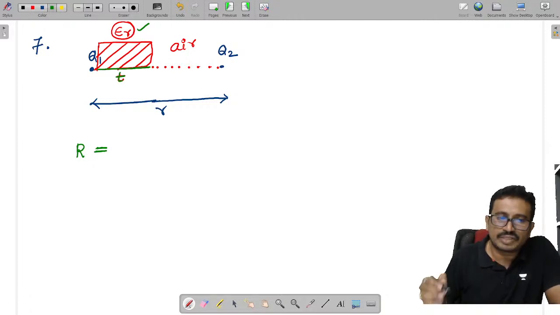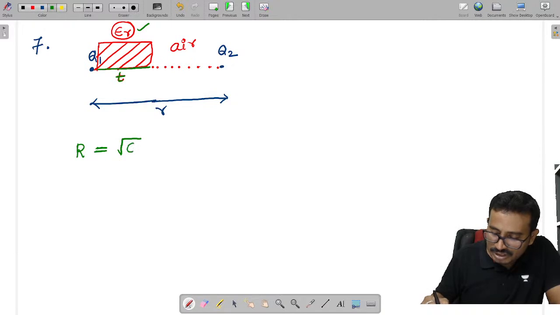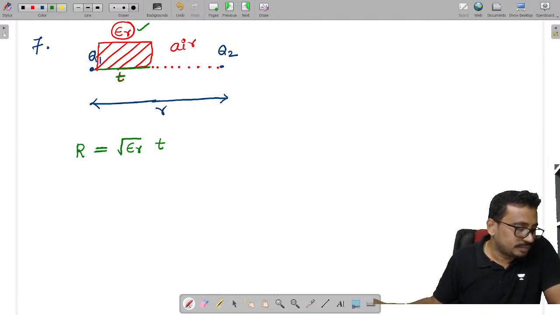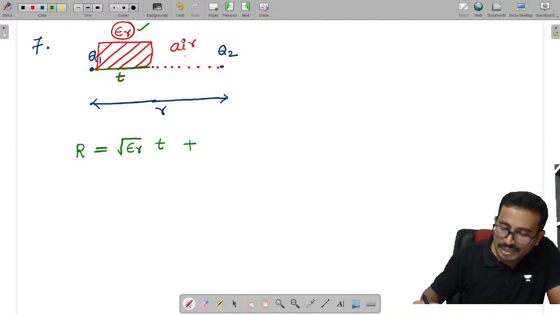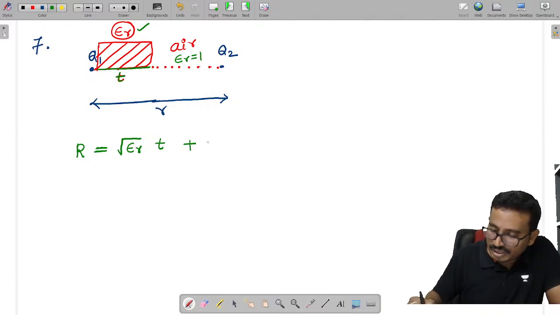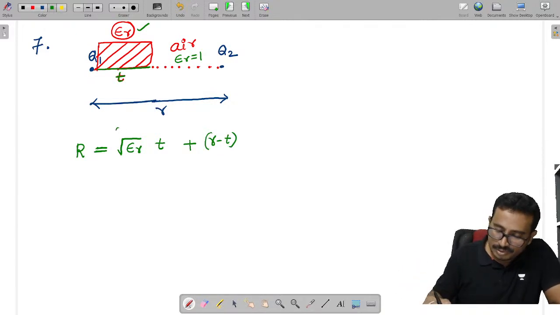Because of filling the dielectric, the effective distance becomes epsilon r into t होगा, plus, for the free space epsilon r is 1, so we can write this as r minus t. ये चमका कि नहीं बोलो?